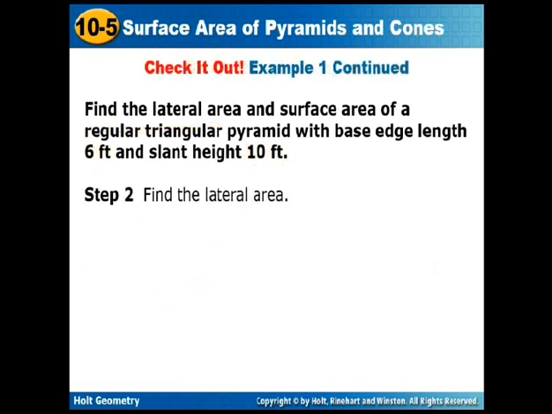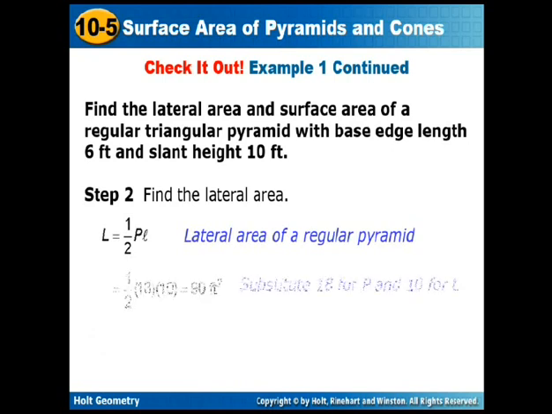Okay, now find the lateral area. Here we put the lateral area equal to half PL. Then we substitute 18 for the perimeter and 10 for the slant height. It is equal to 90 square feet.